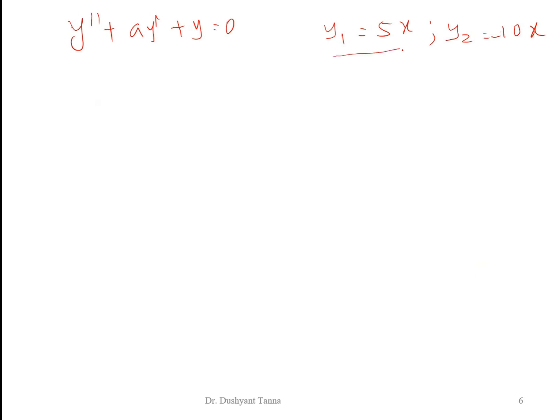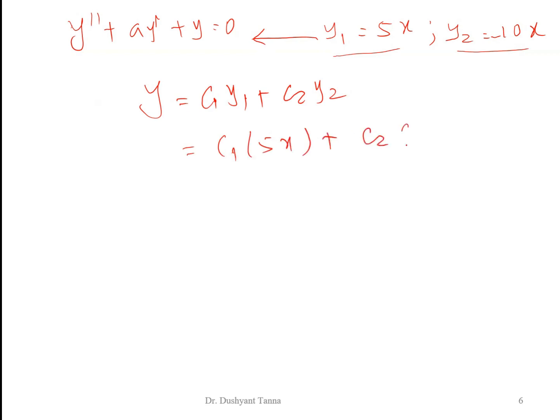Now, if we have to verify whether these are solutions of the given equation or not, we differentiate and put it in here. You can always verify that, but the general solution, as we know, is c1 y1 plus c2 y2. So what will happen? c1 times 5x, c2 times minus 10x.